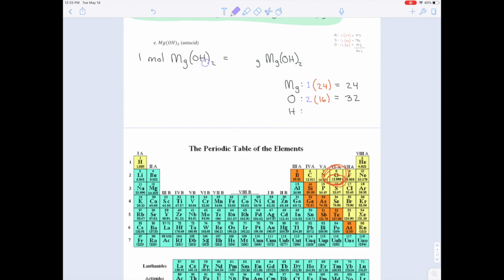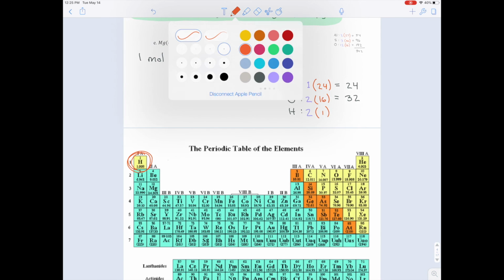All right, how about hydrogen? In 1 mole of this compound, inside parentheses, there's an implied 1 at the bottom right of the hydrogen, but the number outside of the parentheses needs to be distributed to each number inside. So it's 2 times 1, or 2 moles of hydrogen in 1 mole of this compound. If we look at the periodic table, we can see that each mole of hydrogen will weigh 1 gram.